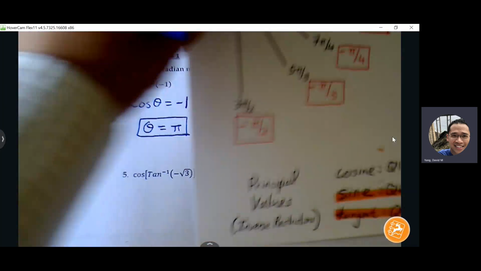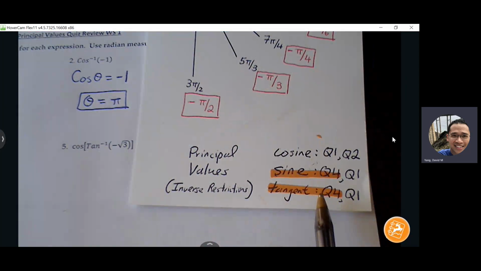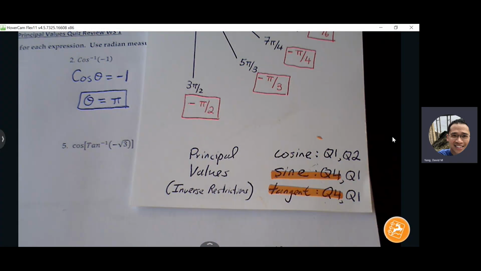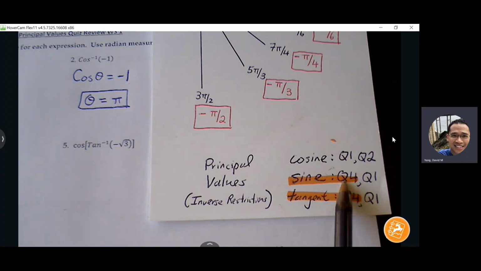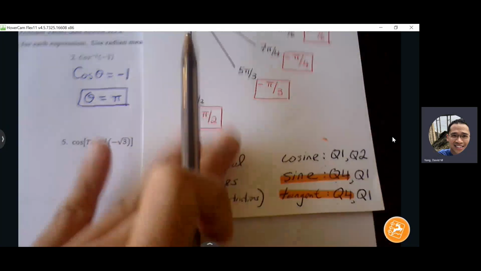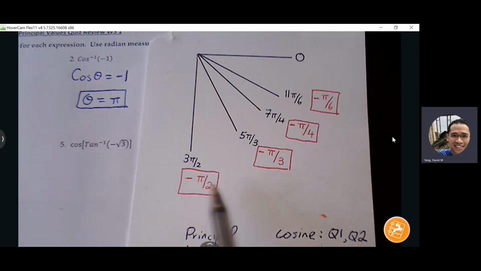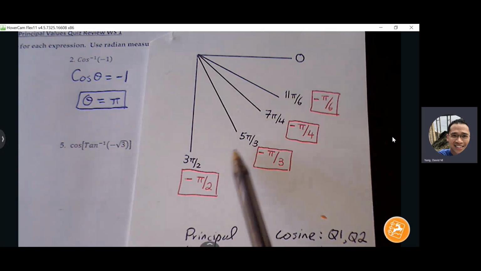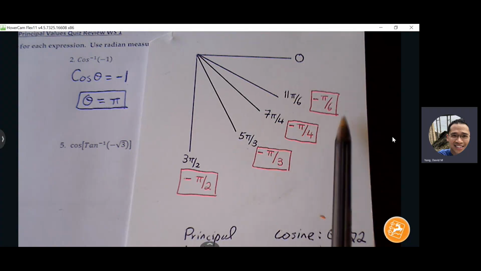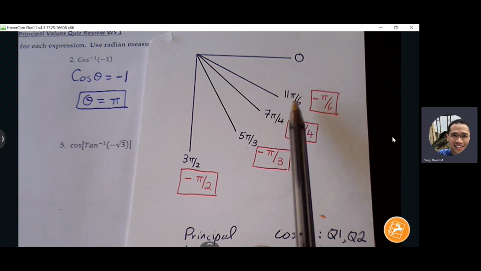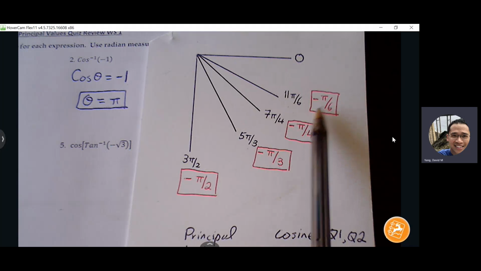But principal values says that because of our domain restriction, we're only restricted to between fourth and first quadrant. So fourth quadrant for negative, and with negatives in the fourth quadrant we have to make the adjustment. We don't want to use 5 pi over 3, 7 pi over 4, 11 pi over 6. We want to use these values. So normally you would say 11 pi over 6, but to make the adjustment, you will say negative pi over 6.